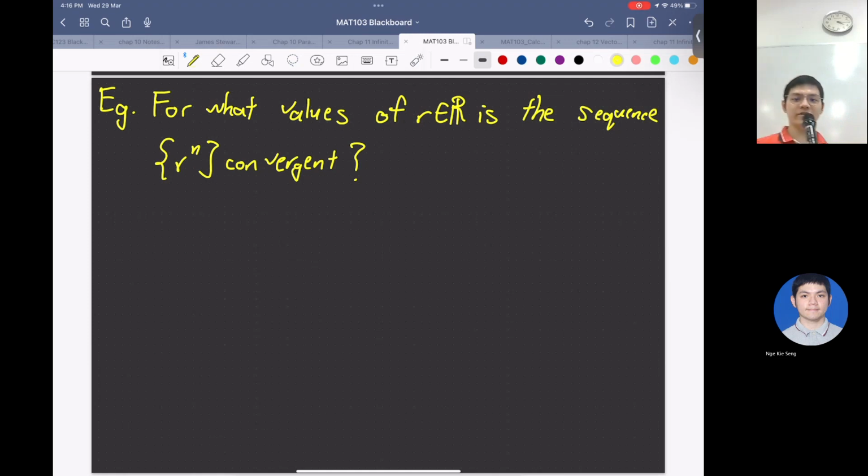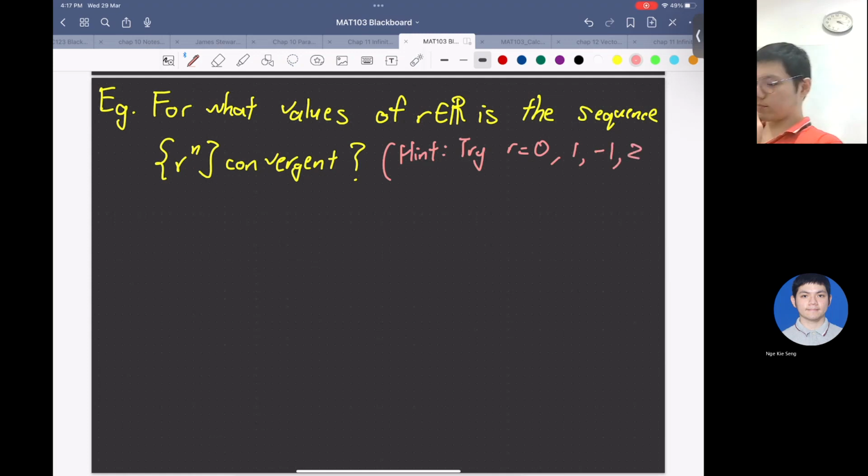Try to discuss with your friends. When is r to the power n convergent? Try r equals, let me write down the hint: 0, 1, -1, and so on, maybe 2.